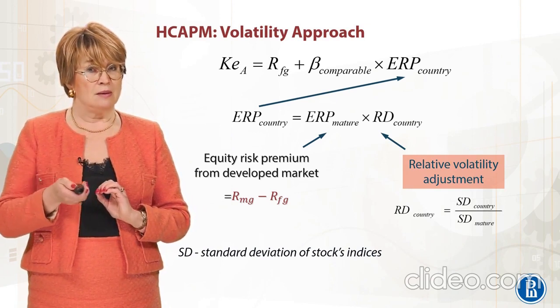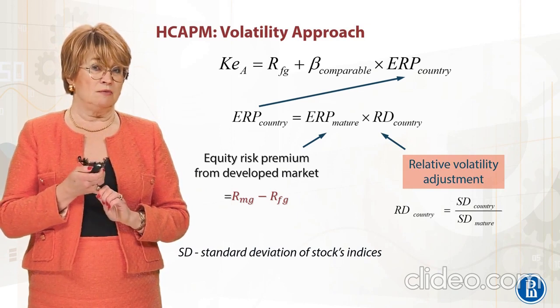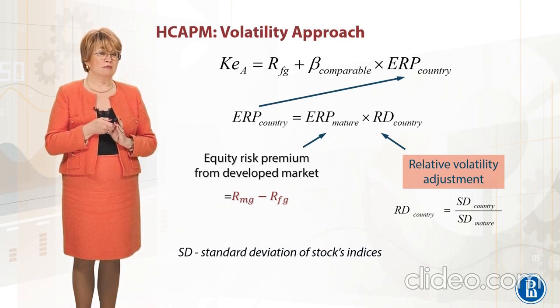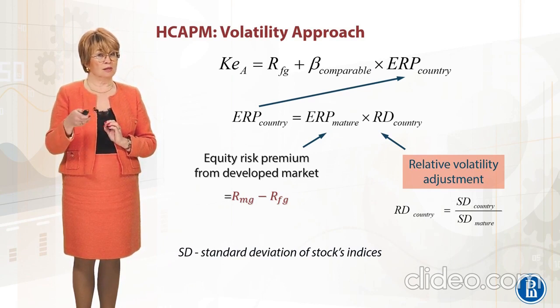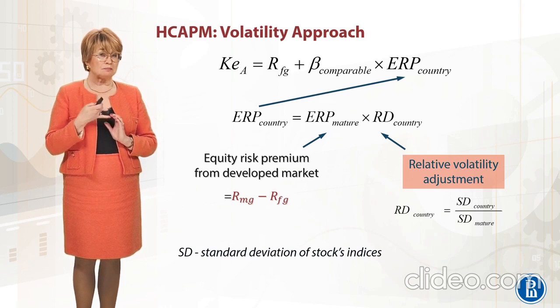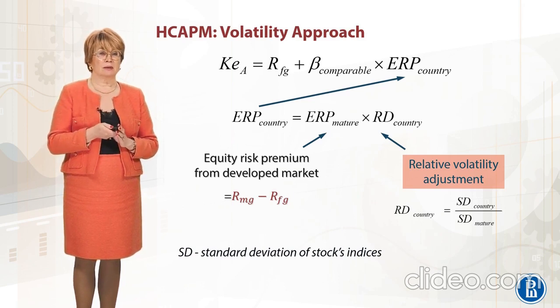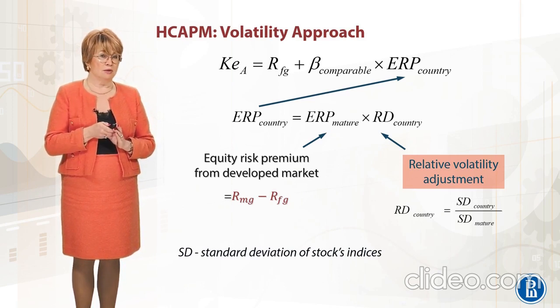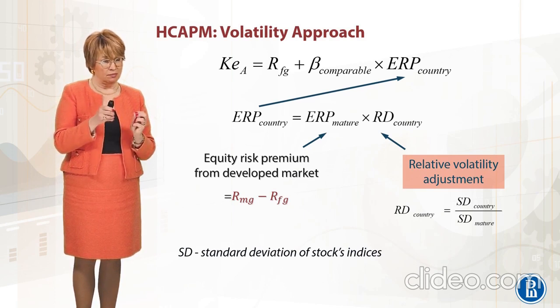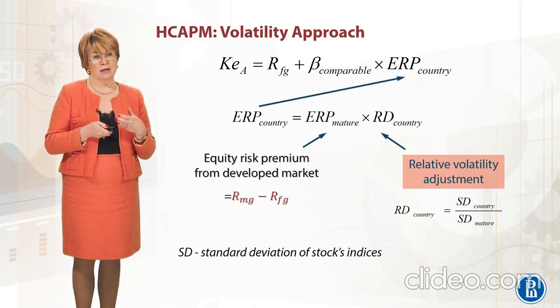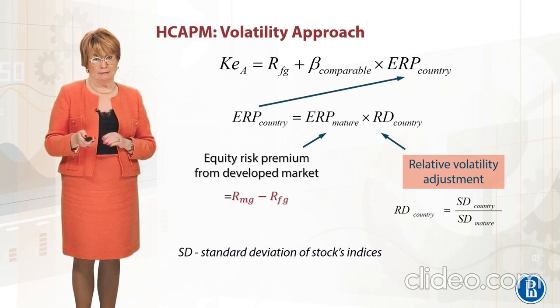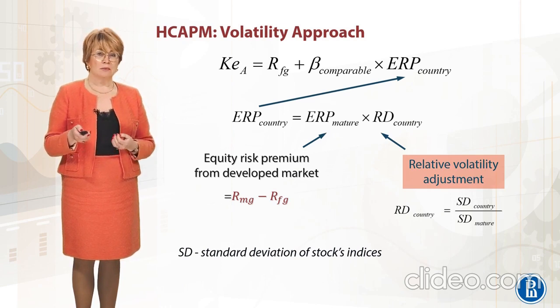As for beta, this is the same approach as in the previous one. In the spread approach, it's again based on the beta average for comparable companies in the benchmark market, adjusted for the financial leverage and the income tax rate for that particular target company A. And the risk-free rate is again the risk-free rate for the benchmark market, but no spread now, because this is another technique to adjust for the country risk through the relative volatility coefficient.